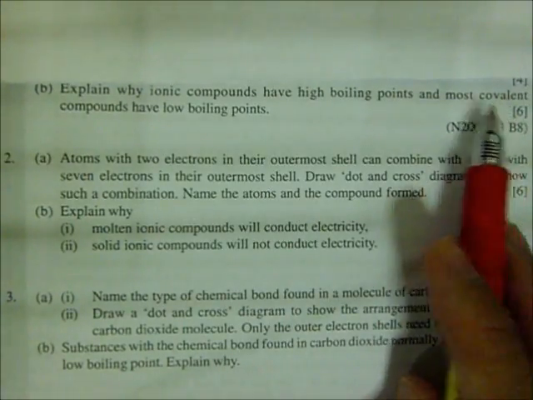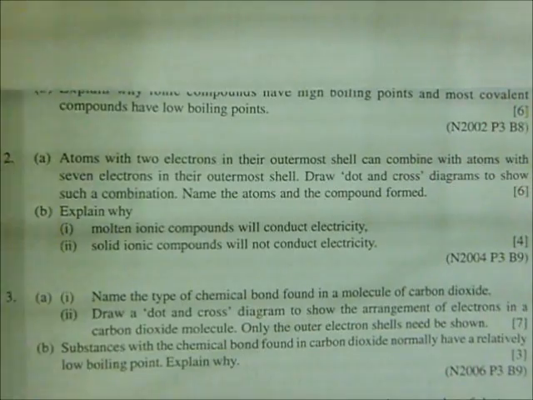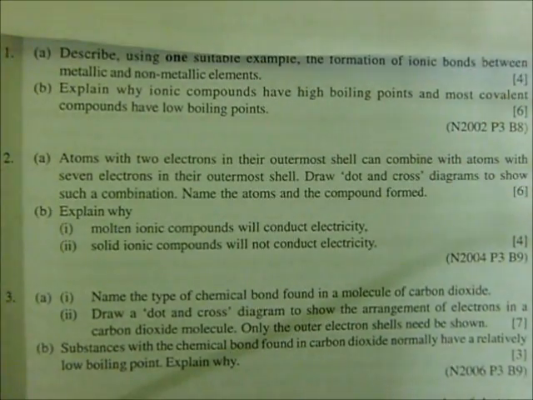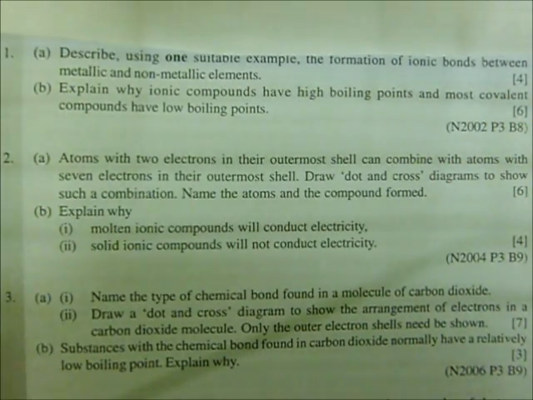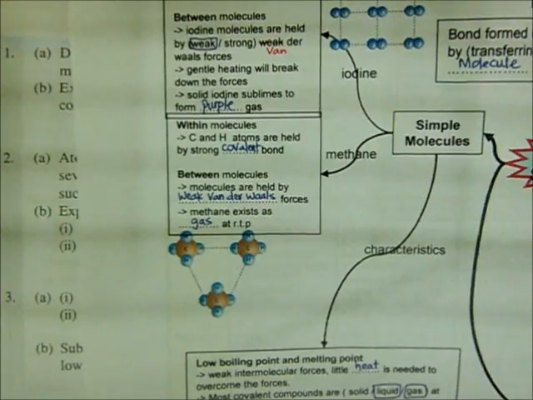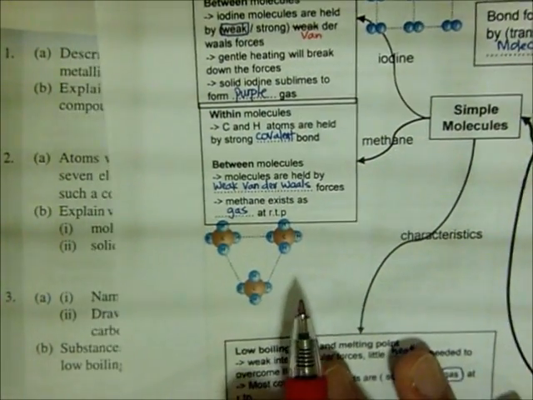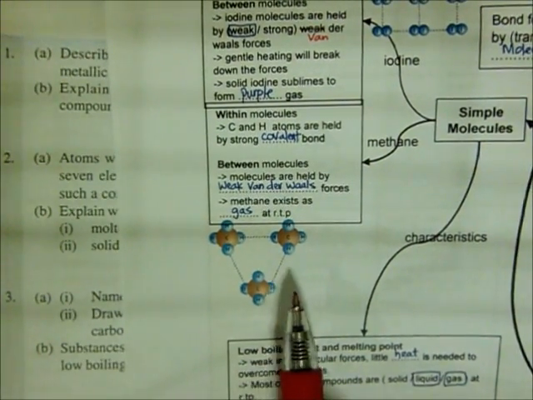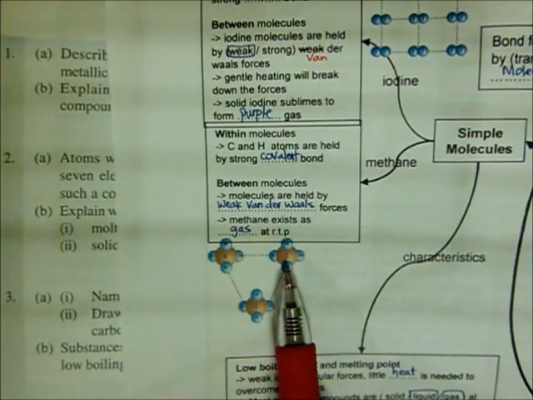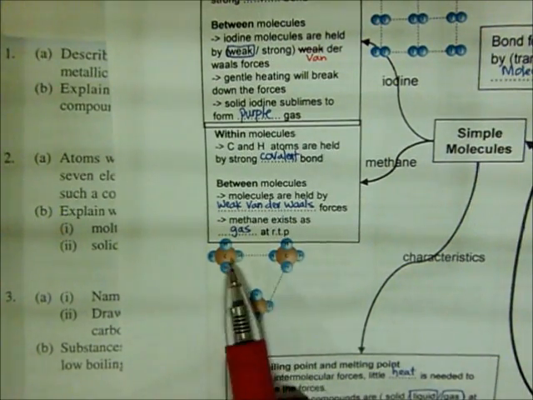Now let's talk about covalent compounds. Why does it have low boiling points? Now this part is from the mind map of your covalent bond, covalent compound. Now covalent compound, for example, CH4, consists of simple molecules.